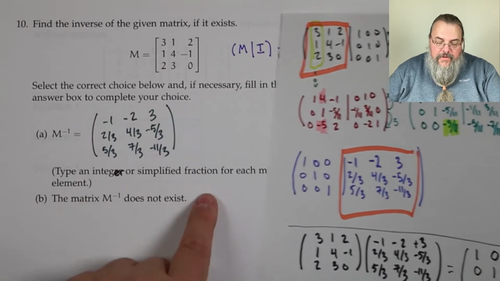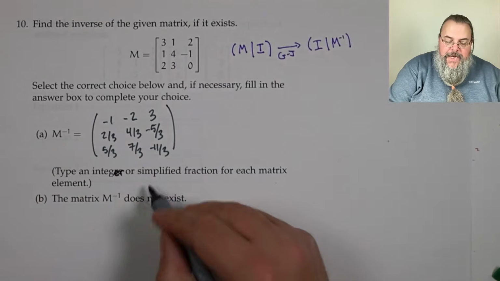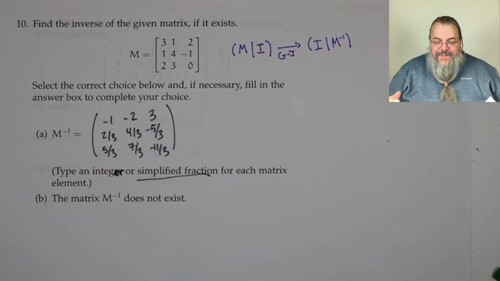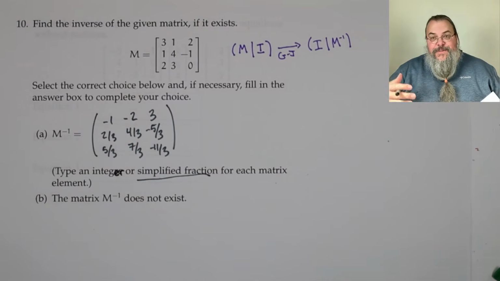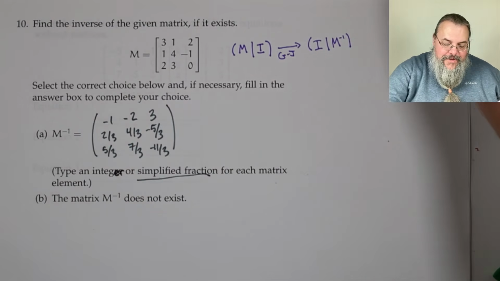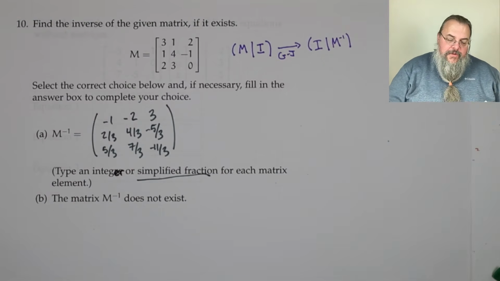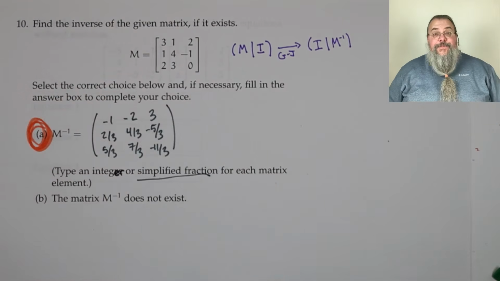Every entry has to be either an integer or simplified fraction. Simplified fraction means what? No common factors, right? We couldn't have written this as minus 6 thirds. No, it needs to be minus 2, because that's not a simplified fraction. And the last thing we should do is we should mark it. It says, hey, this has an inverse.